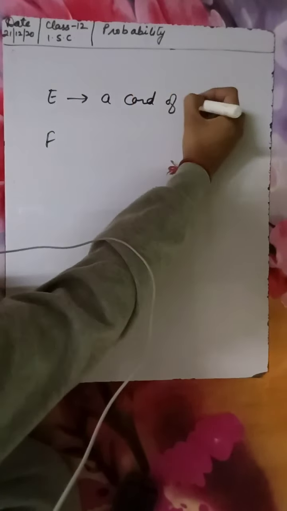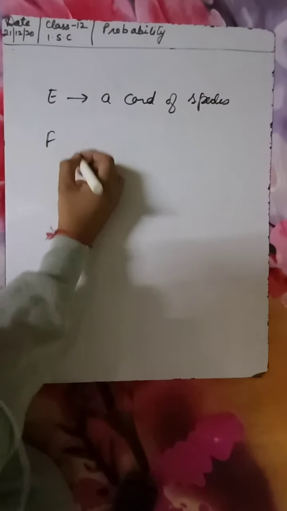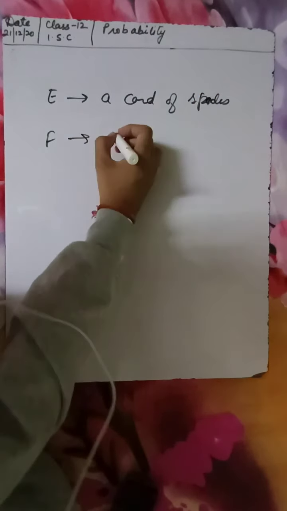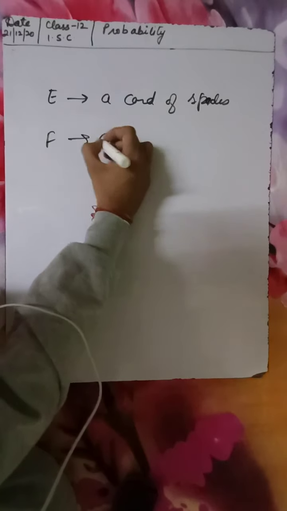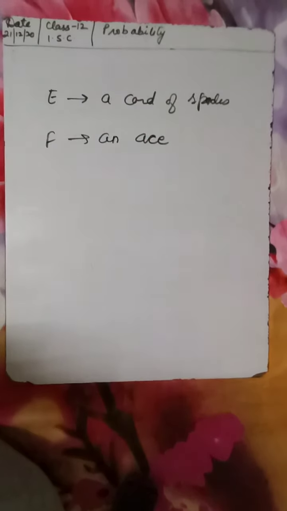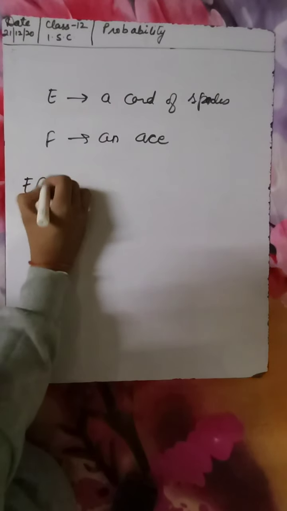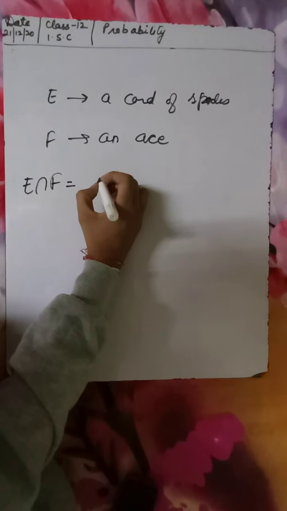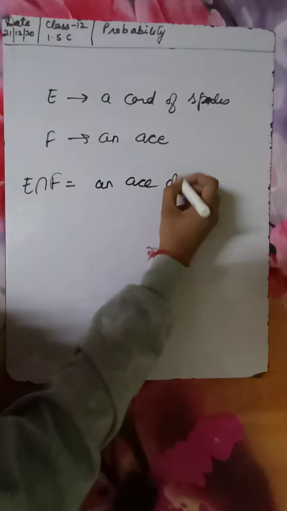Now I'm giving events E and F. Event E says that it should be a card of spades, and F is the event that an ace is drawn. Can you tell me what will be E intersection F? It will be the ace of spades.